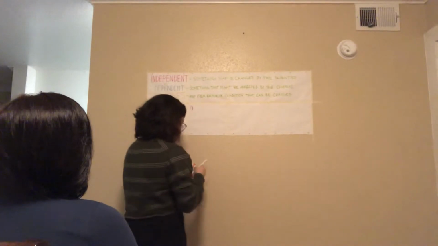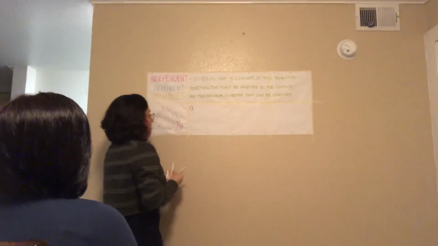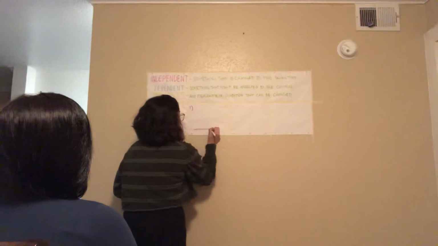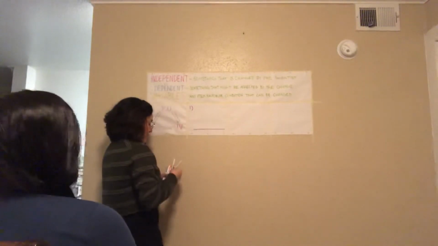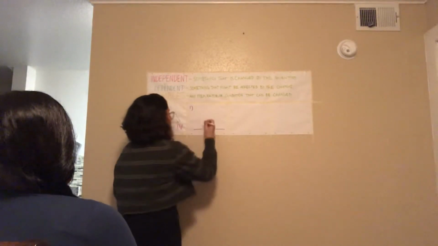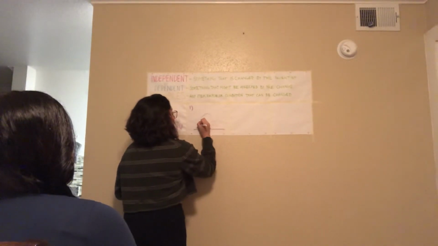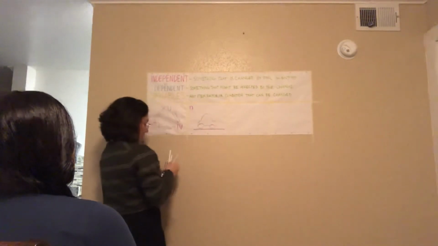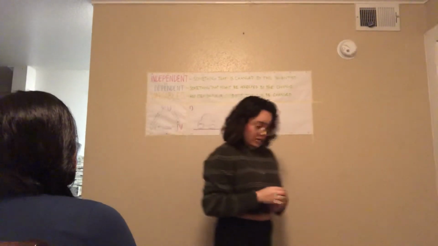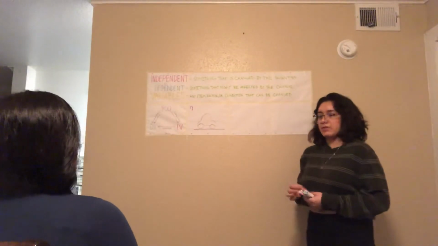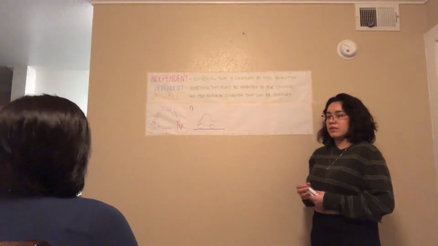So the first example is, how does the type of surface affect the speed of a car? So, what are the two variables in this situation? The type of surface and the speed of the car.